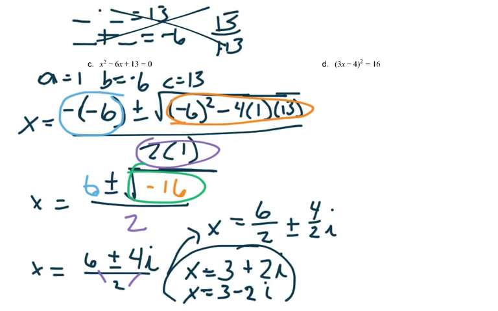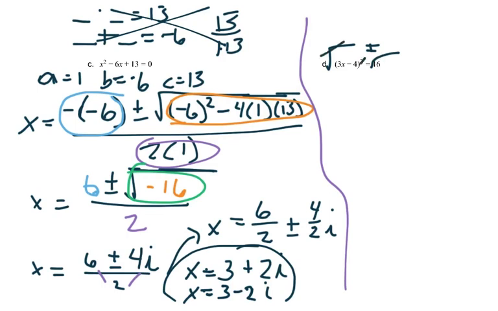And finally, in this last problem, I have something that's being squared. And so I would use the square root property, this method 1. So the thing that's being squared is already by itself. So I would take the square root of both sides, plus or minus.